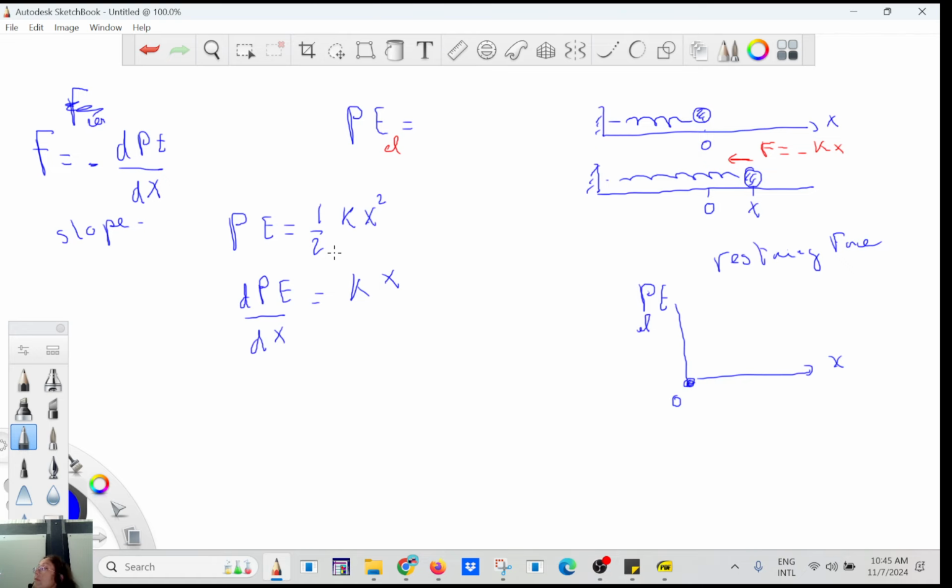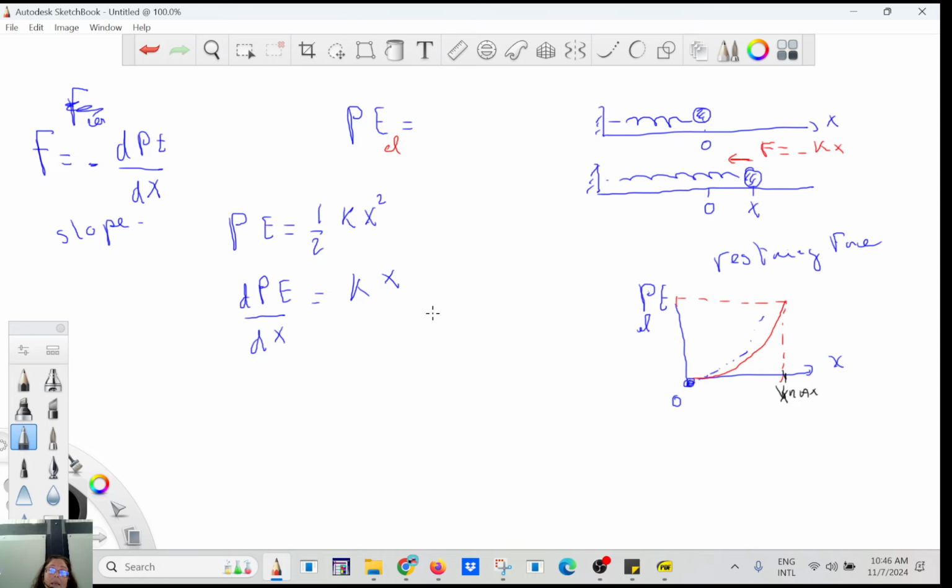What kind of graph is that as a function of x? A parabola. Do you all agree? Okay, so the potential energy is going to look like a parabola. It's going to look like this. Agree? And that will be, for example, if I stretch out the spring up to a maximum stretch here.